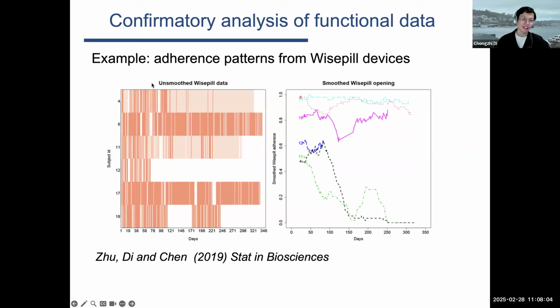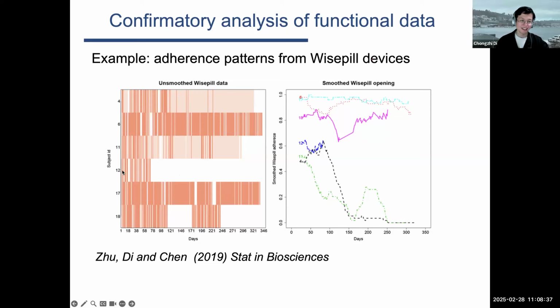So we can see the first individual. This person takes a pill for most of the days, but they often do it 1 time instead of 2 times, right? But sometimes they also didn't open the bottle at all. And this next person is probably highly adherent, right? This person generally takes 2 pills for most of the days, even though there are some days intermittently when maybe they forgot to take it.